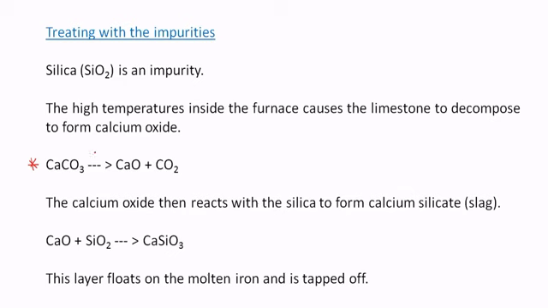So when we heat calcium carbonate, we produce calcium oxide and carbon dioxide. Now, the calcium oxide reacts with the silica to form calcium silicate, which is slag. So CaO + SiO2 produces CaSiO3. And this layer floats on the molten iron and is tapped off. So this is how we deal with the impurities.